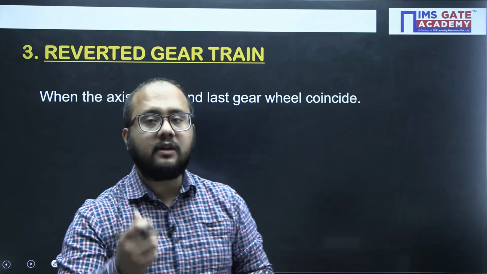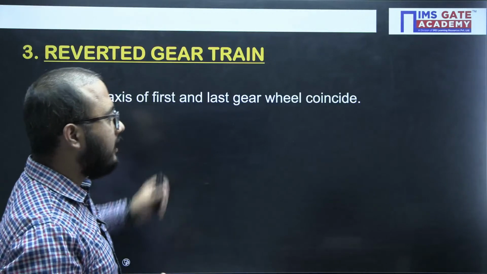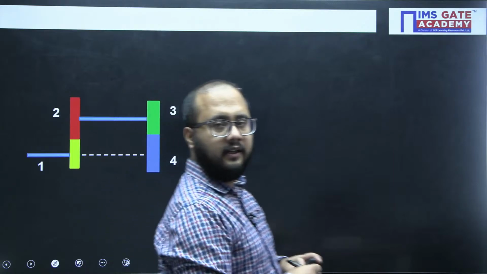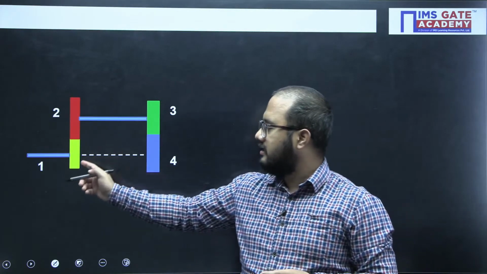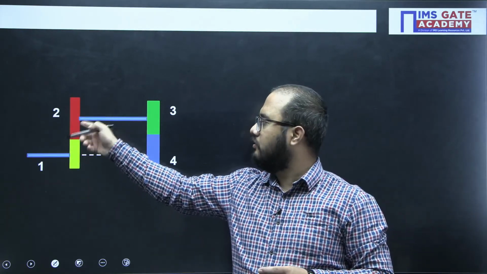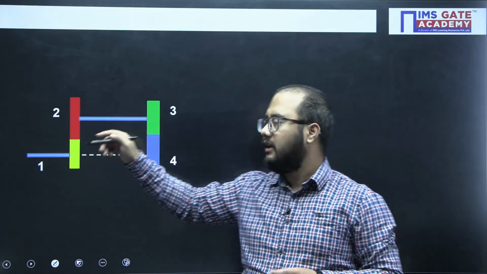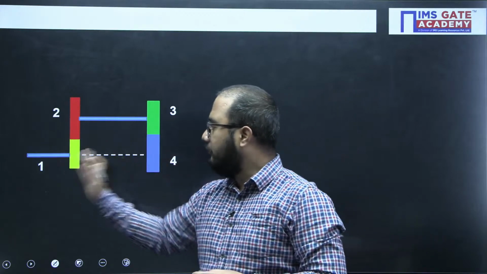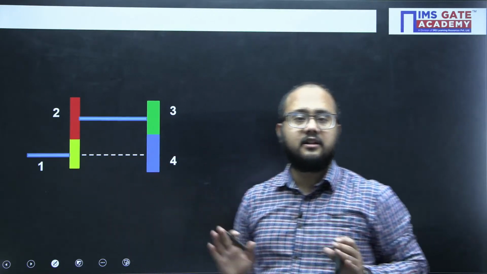Now, I will show you some images of this reverted gear train. Consider this gear train. Gear 1 is in meshing with gear 2, gears 2 and 3 are on the same shaft, and then 3 is meshing with 4. Gears 1 and 4 don't have any direct connection.